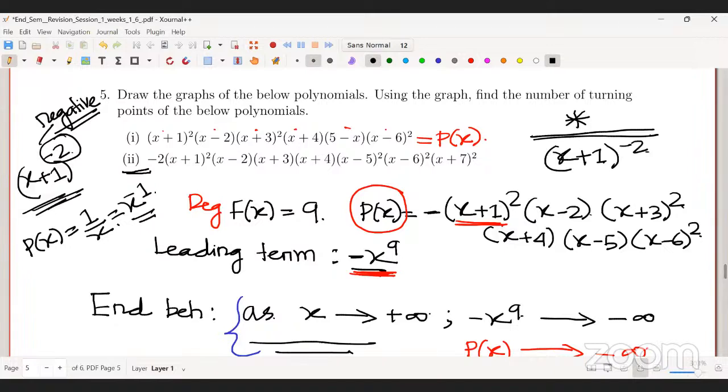Now this p of x is not a function from R to R, because at -1 this p of x is not defined. Okay, so by the definition of polynomial, you can't take this negative power.